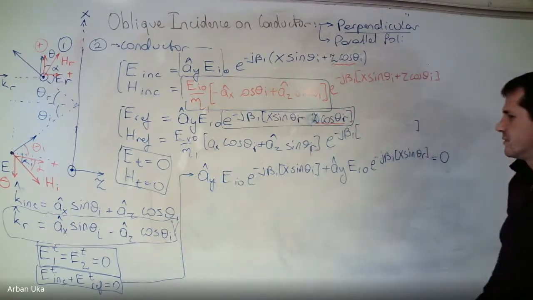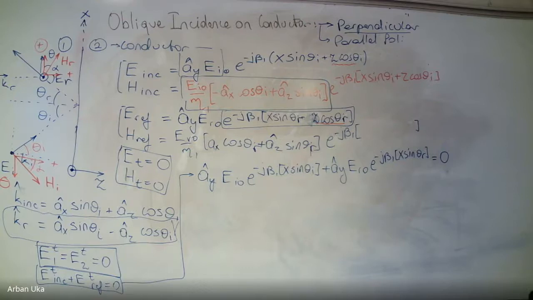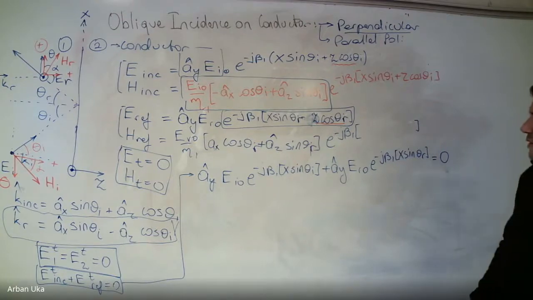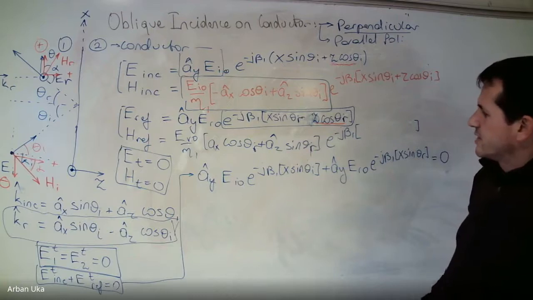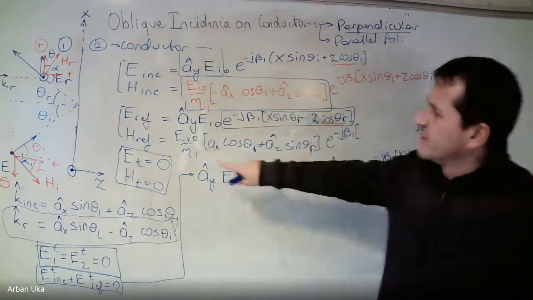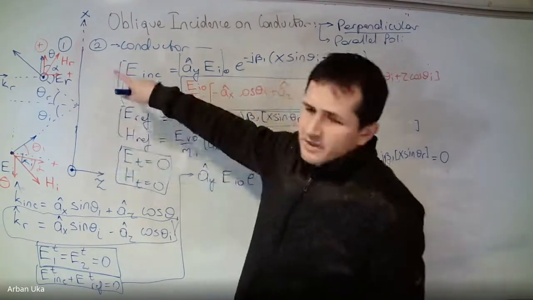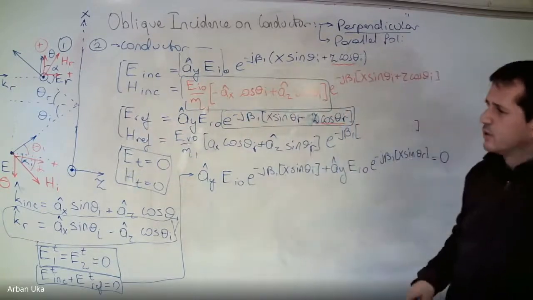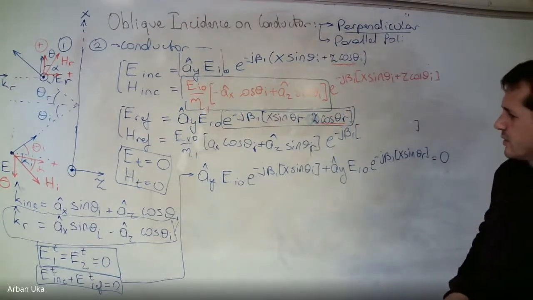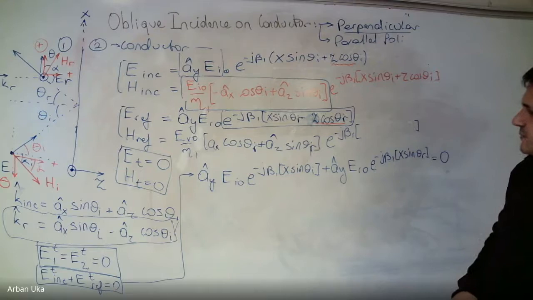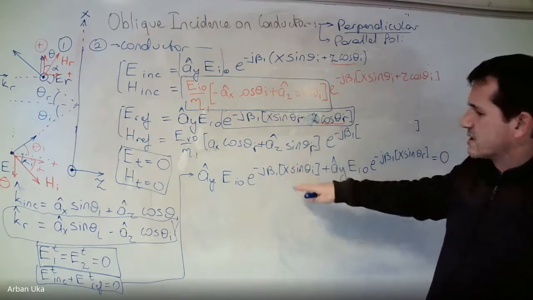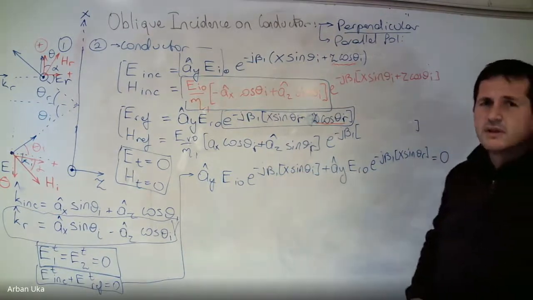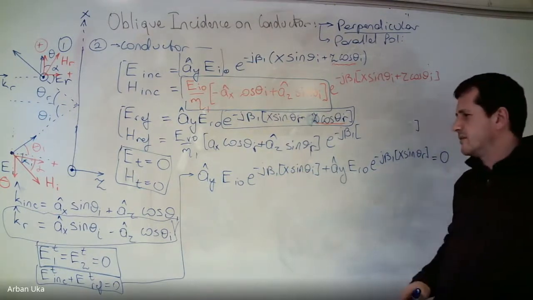Now, we know that in order for this expression to be valid from minus infinity to plus infinity, or simply stated, in order for this expression to be true for all values of x, then because of these exponential terms, a small discrepancy between two different values will contribute to a very large difference.